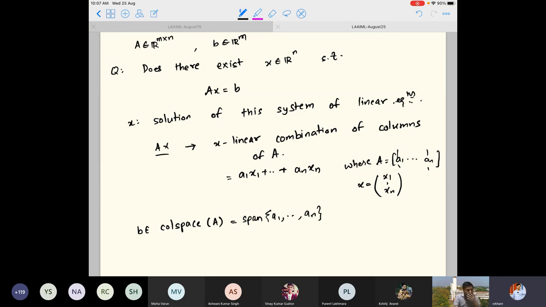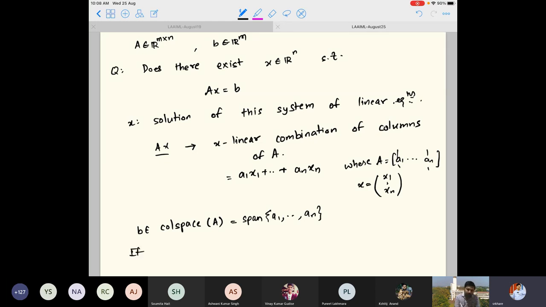Furthermore, we learned that if the columns a1, a2, ..., an are linearly independent, they span the column space. It is not necessary every time, since sometimes the columns of A may be linearly dependent. But if they are linearly independent, then not only do they span the column space of A, they form a basis.